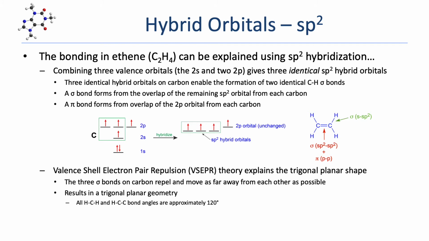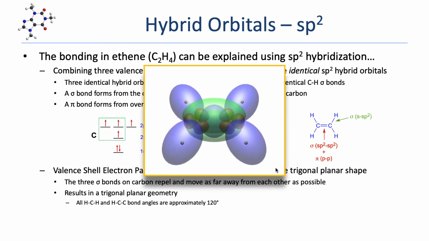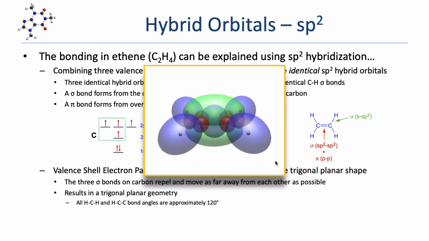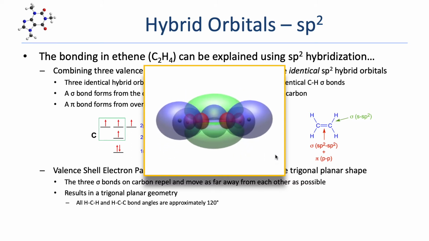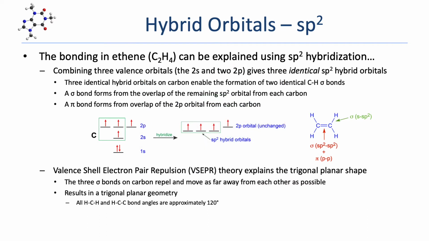Now, if you think about it, each carbon still has that leftover unhybridized p orbital. And when we bring these two carbons together in space to make that sigma bond between the two hybrid orbitals, it perfectly aligns the p orbitals on each carbon to make a pi bond, a side-by-side overlap of those lobed p orbitals. And that means that there are actually two bonds between the carbons in ethene.